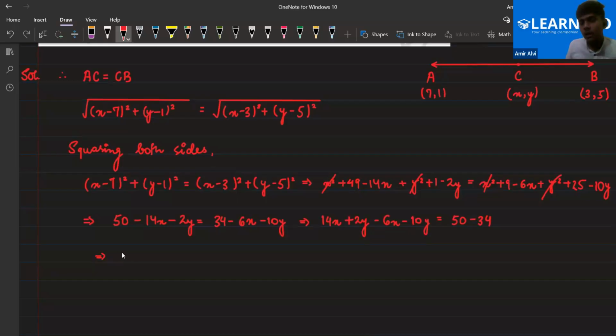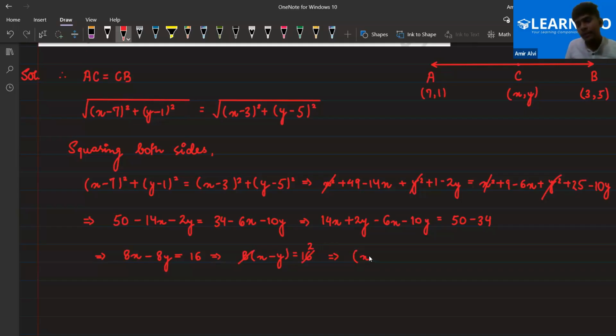So 14 minus 6 would be 8x, positive 2 and negative 10 would be minus 8y, is equal to 16, since 50 minus 34 is 16. Can I take 8 common from x and y? x minus y is equal to 16, and this will cancel twice. Yes or no, Gianna? Yes, sir.